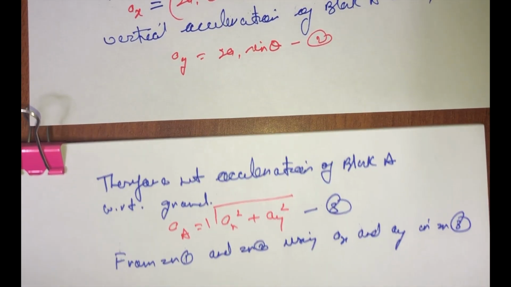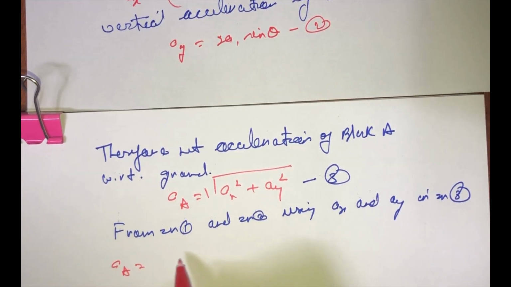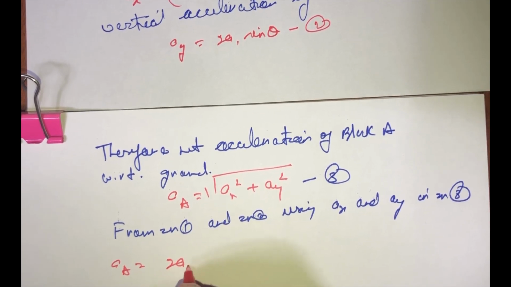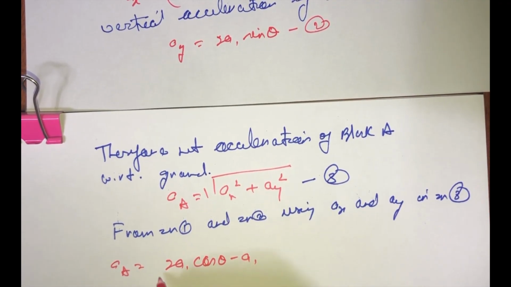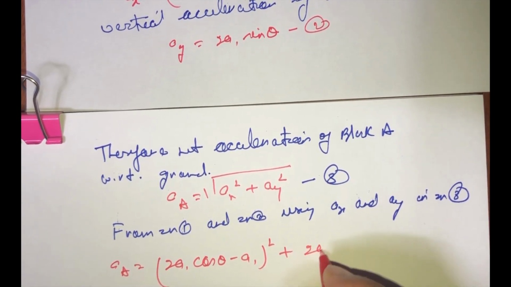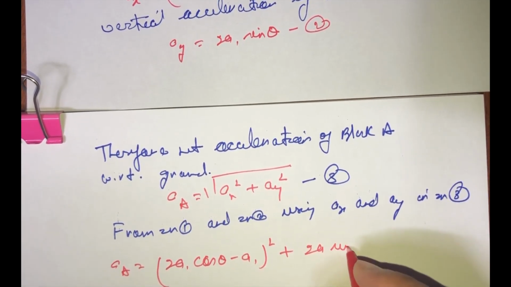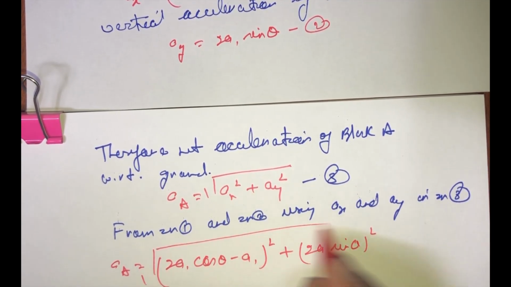So we get the net acceleration as the square root of (twice A1 cos of theta minus A1) whole square plus (twice A1 sine of theta) whole square.